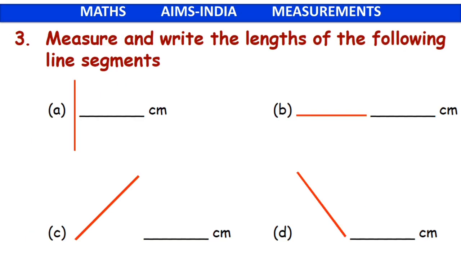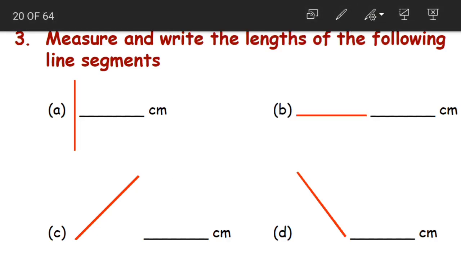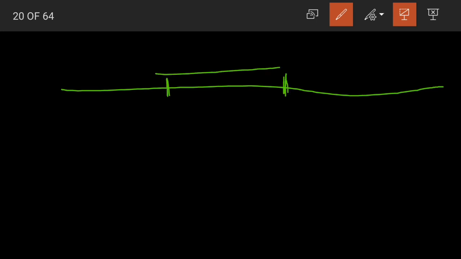And coming to the last one for today, measure and write the length of the following line segments. Again, take a scale, children. With the help of a scale, you can measure the length of the given line segments. In your notebook, you can draw some line segments. Line segments are nothing but small lines. This would be a line, and if I take a small part out of it, this will be my line segment.